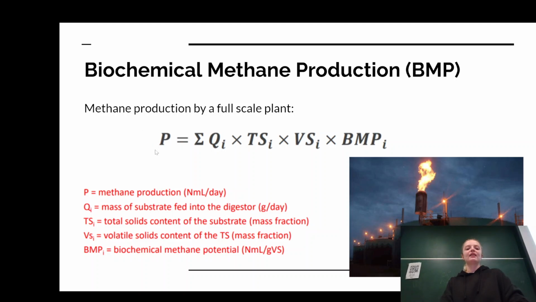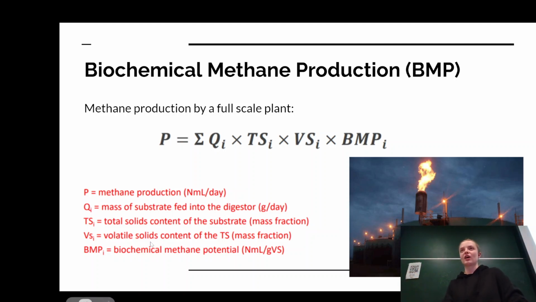So our P is our methane production, and that's equal to our mass of substrate fed into the anaerobic digester times the total solids content of the substrate, and that has to be in the form of a mass fraction. So that's just the mass of the solids over the total mass going in.